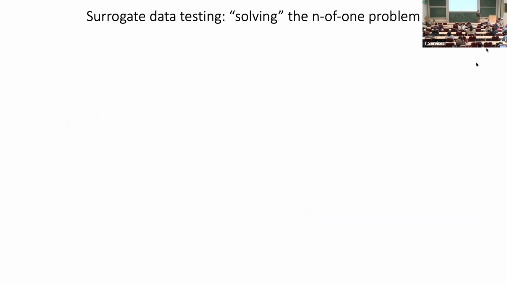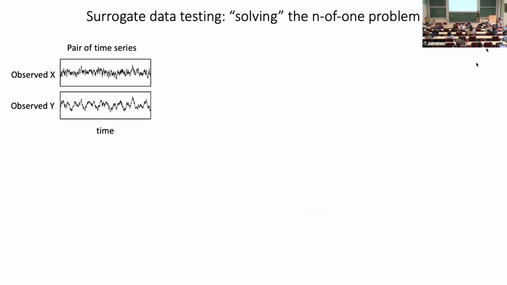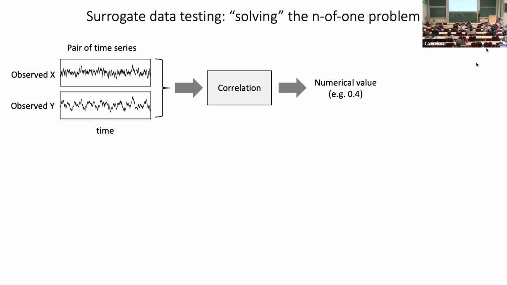So how does this approach work? These surrogate data tests, how do they try to solve this impossible N of 1 problem? Well, we start, as one would, with two time series, x and y, and we throw them through our correlation function. For right now, a correlation is any function that takes in two time series and spits out a number. So a very, very general idea of what a correlation is.